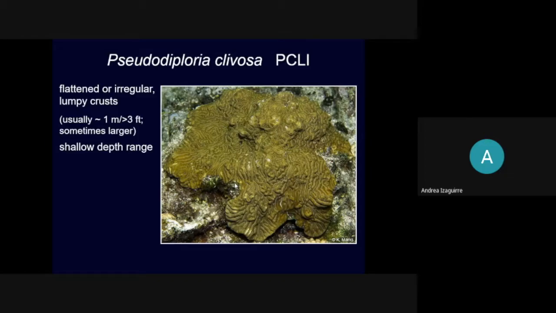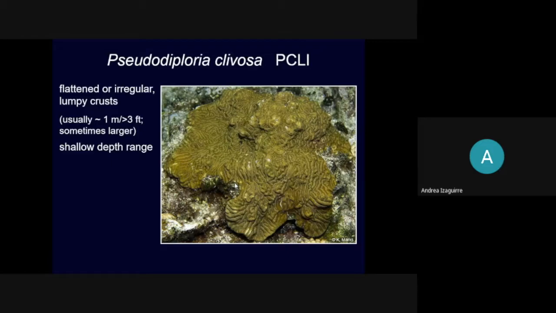It'll have more of these lumps just around, and again, it kind of looks like if someone took a rolling pin to those corals before, because it has shorter walls.